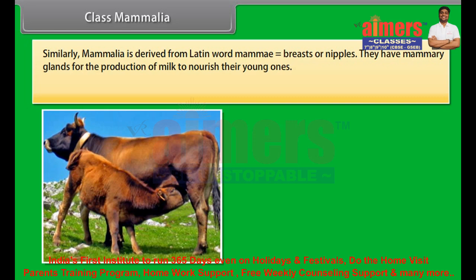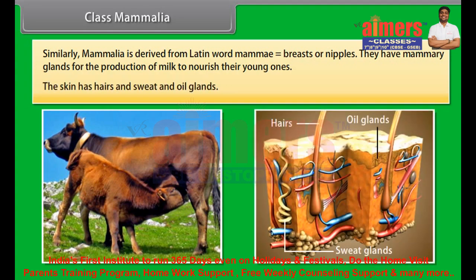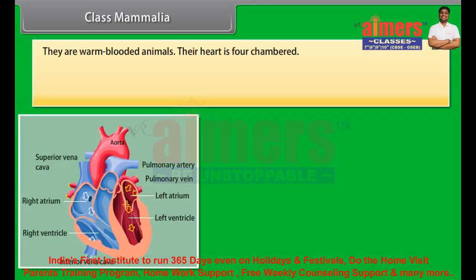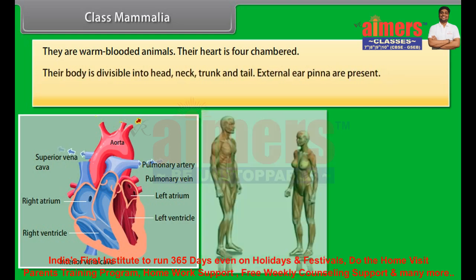They have mammary glands for the production of milk to nourish their young ones. Their skin has hairs and sweat and oil glands. They are warm-blooded animals. Their heart is 4-chambered. Their body is divisible into head, neck, trunk and tail.